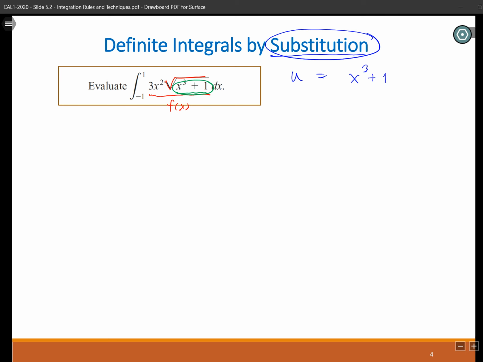Some of you might ask, why not u equal to 3x squared? Or u equal to the square root of x cubed? Can we use that? Yes, you can, but it doesn't mean that it's going to come out nicely. You can try, but if you get stuck, you can switch to something else.